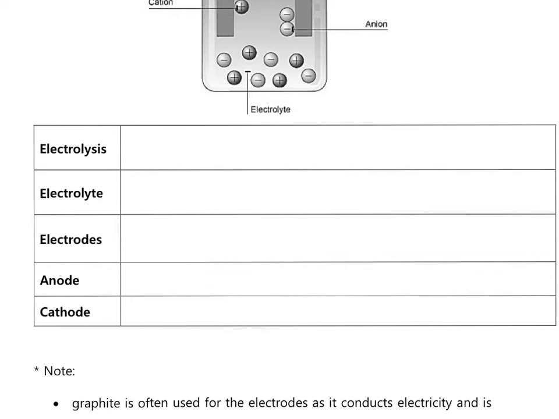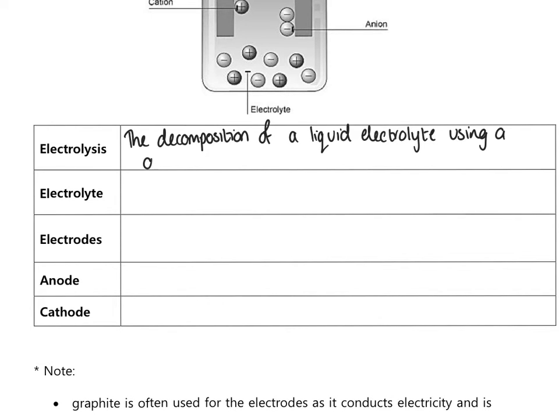So it's a little bit more complex than just saying splitting something up using electricity, but it's the decomposition of a liquid electrolyte. And I'll explain what an electrolyte is in a second. Using a direct current of electricity.